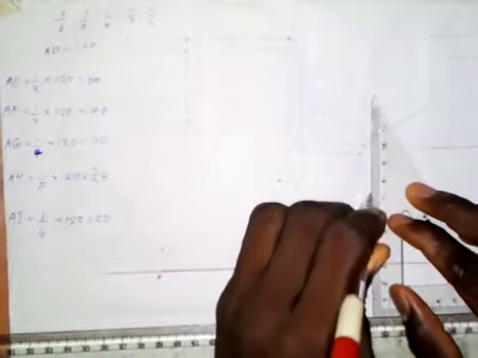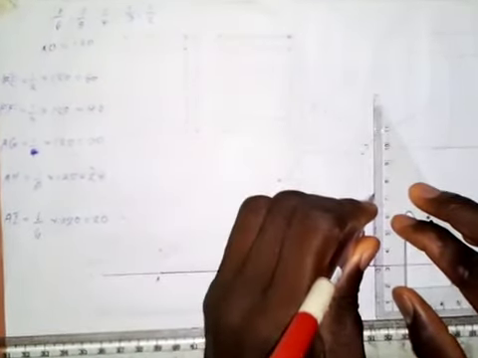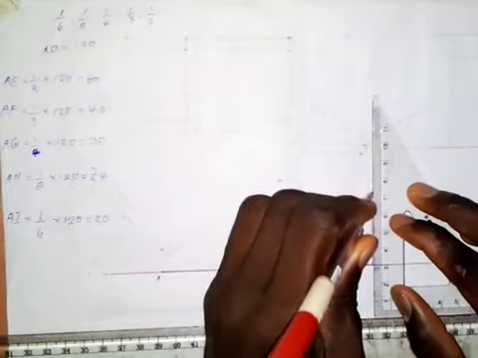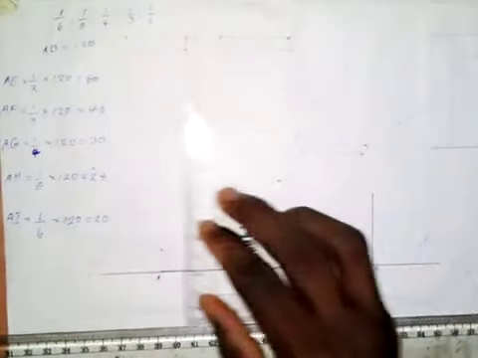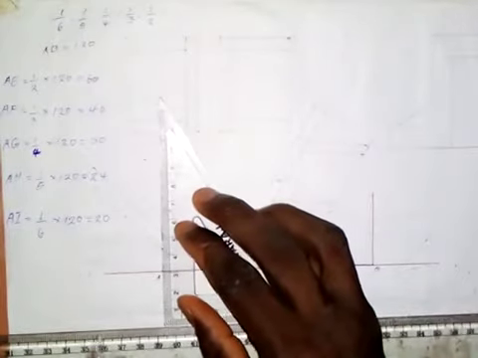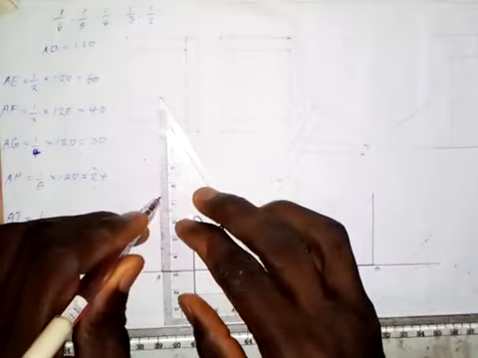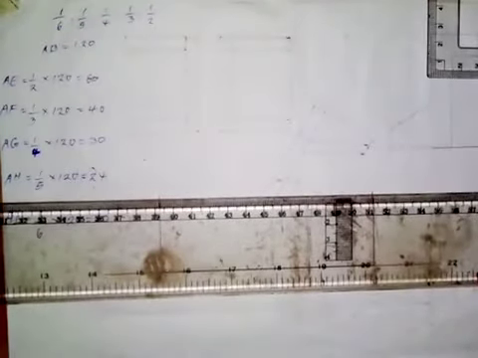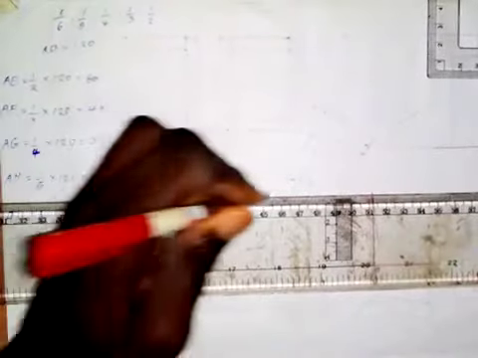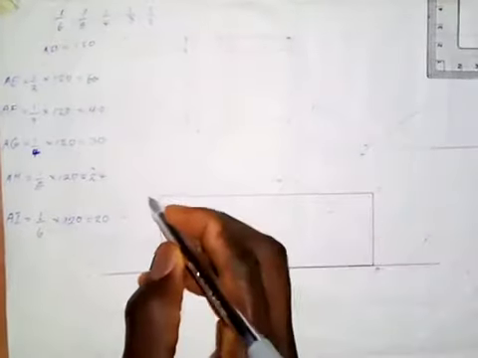You can make the width any size that you want. So I made it a rectangle. This is C, and this is D.